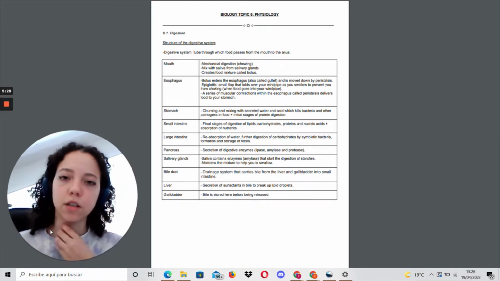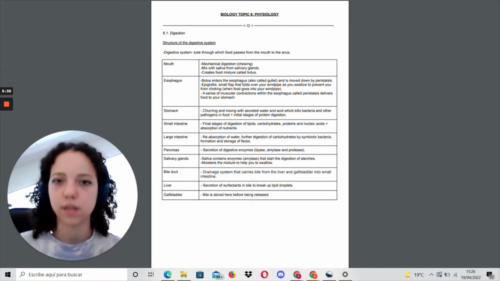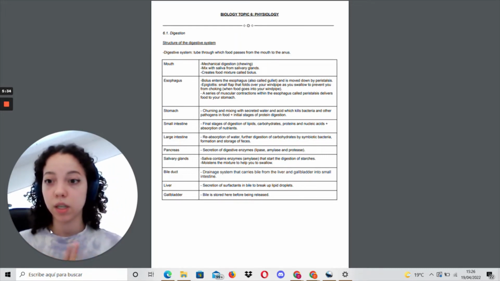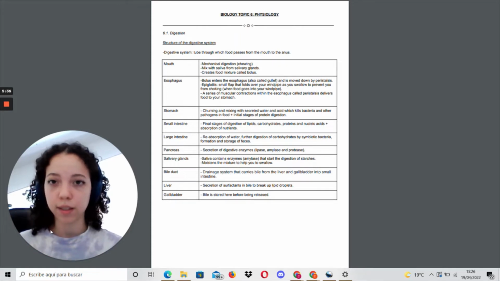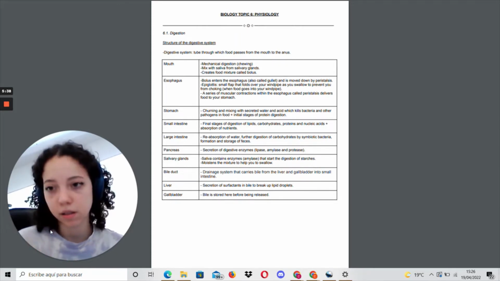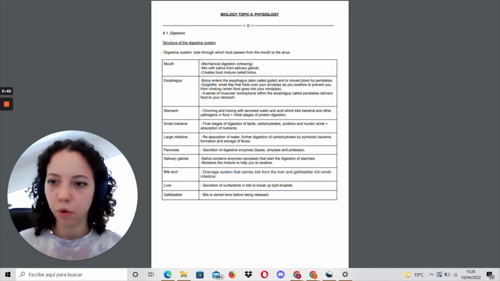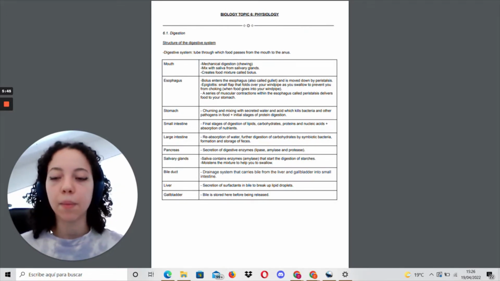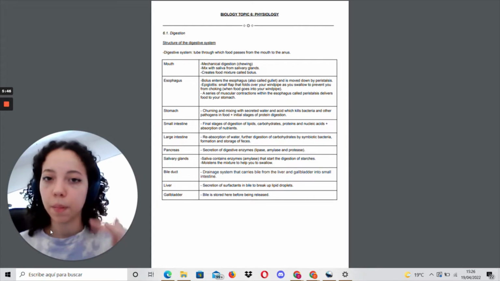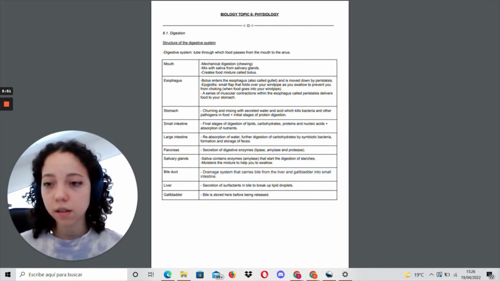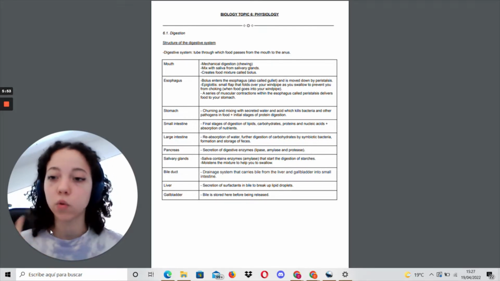This bolus enters the esophagus, which is also known as the gullet, and it is moved down by peristalsis, which is the movement of food throughout the digestive system thanks to muscles. I will also explain what peristalsis is in more depth later. The epiglottis is a small flap because in your throat you have two channels, one for breathing and one for swallowing.